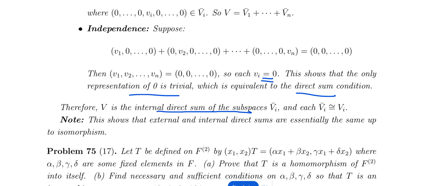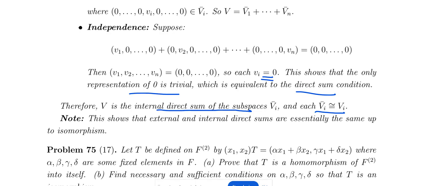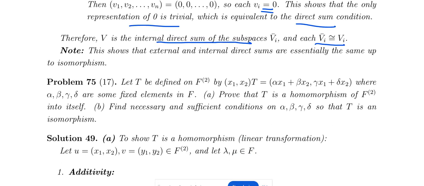V is the internal direct sum of the subspaces Vi bar, and also each Vi bar is isomorphic to Vi. So external and internal direct sums are essentially the same up to isomorphism.